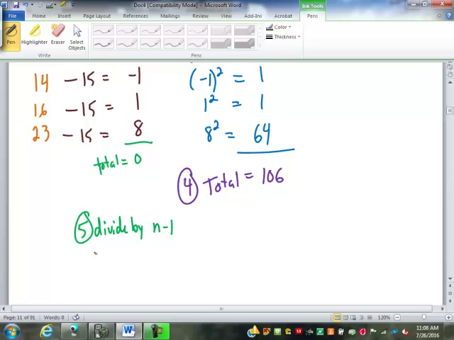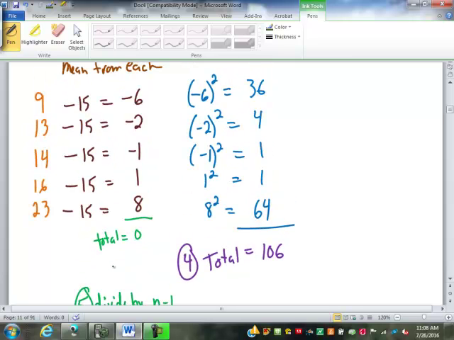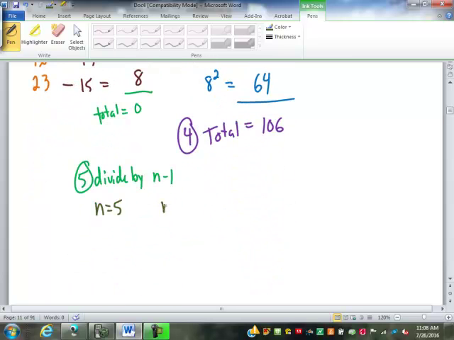So for this set of data, what's n equal? 5. There were 5 numbers, right? So n minus 1 is 5 minus 1, or 4. So we're going to divide by 4, which gives us 26.5.